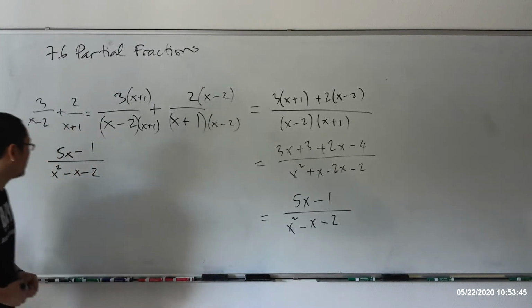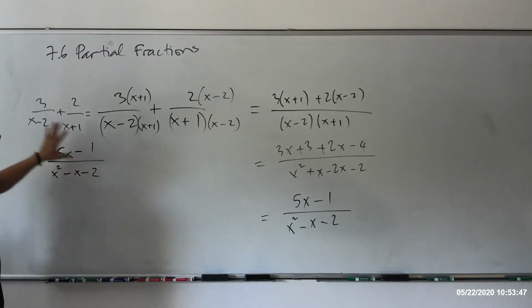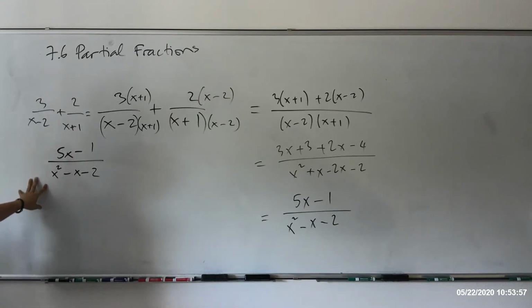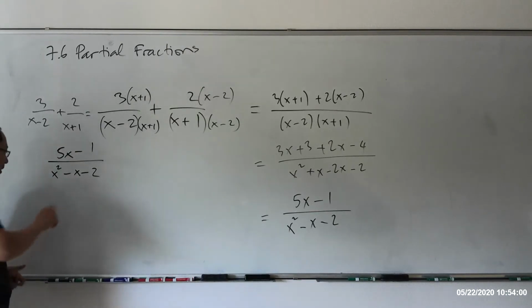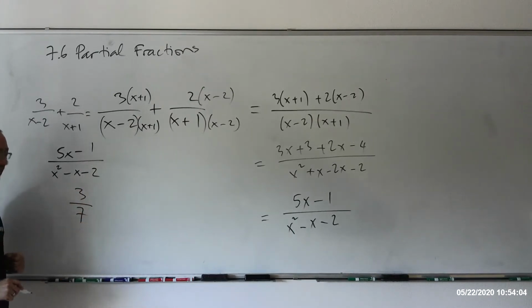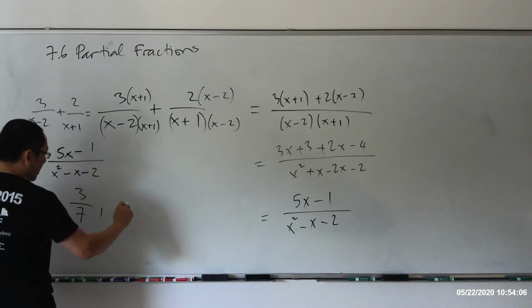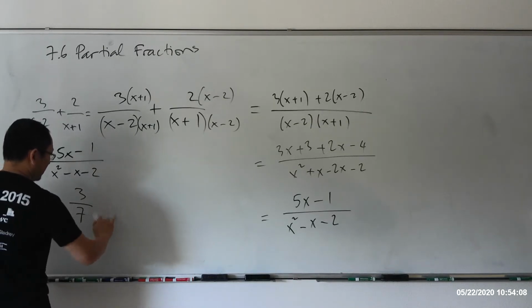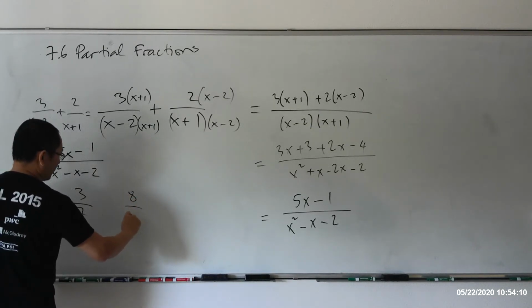So let me just mention something. You can only do it whenever the fraction is, let's call it, proper. Proper means you cannot have a numerator that is bigger than or equal to the denominator. This fraction is proper: 3 over 7. The numerator is smaller than the denominator. But this one is not proper, say 8 over 3 or 7 over 3.